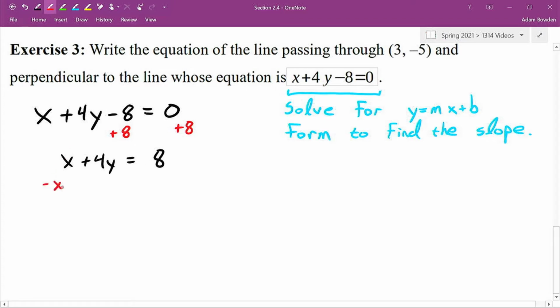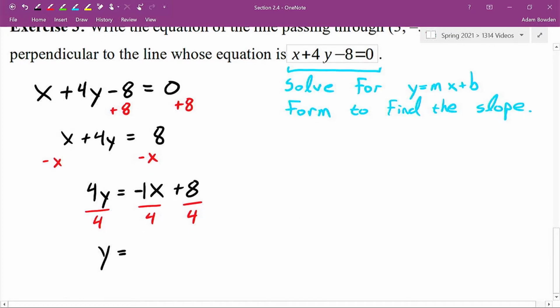We're going to go ahead and subtract the x over. So we'll get 4y equals negative x plus 8. And then I'm going to divide through by 4. So that'll turn this into y equals, technically this negative x could be thought of as negative 1x, so negative 1 over 4 x plus 2.